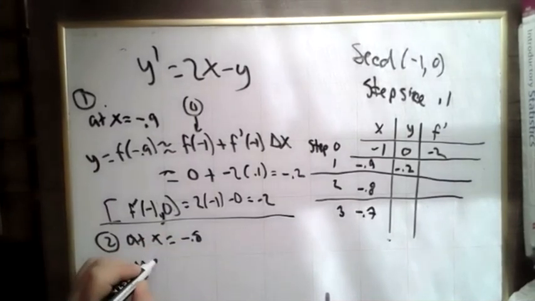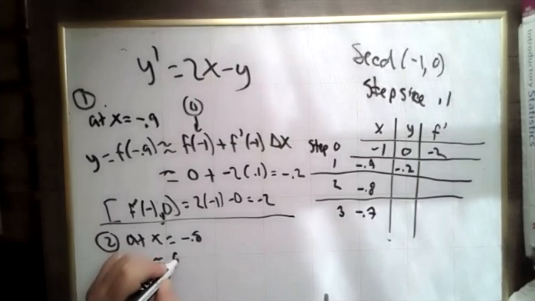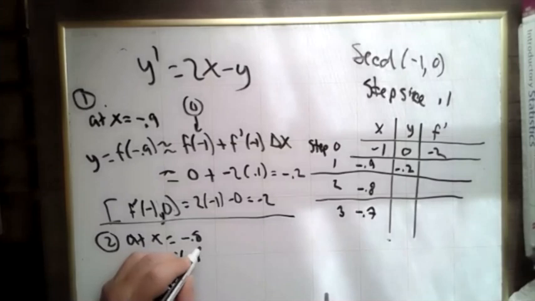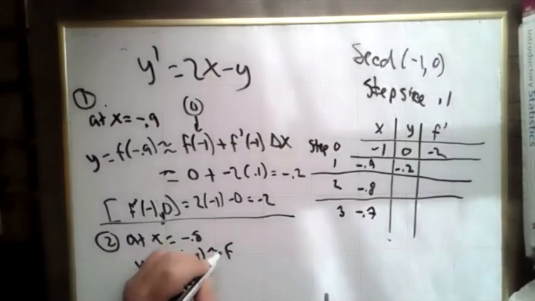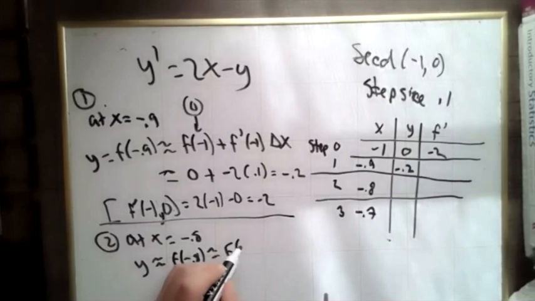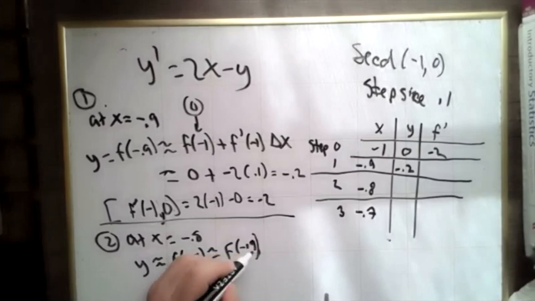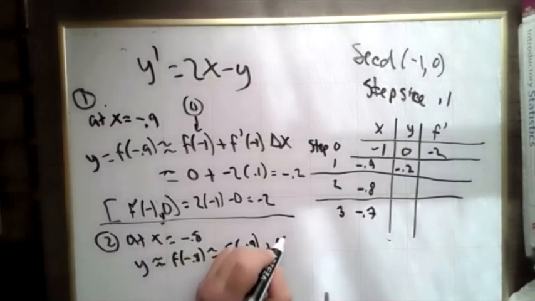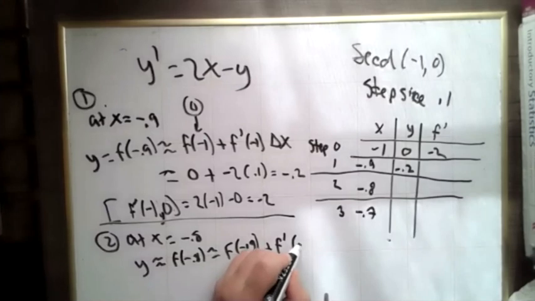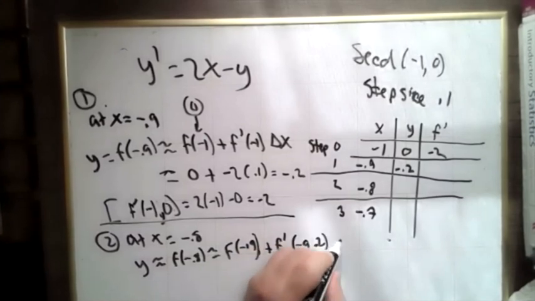The y value there will be approximately the last y value, f of negative 0.9, plus the derivative at the last x value, the last point, times delta x.